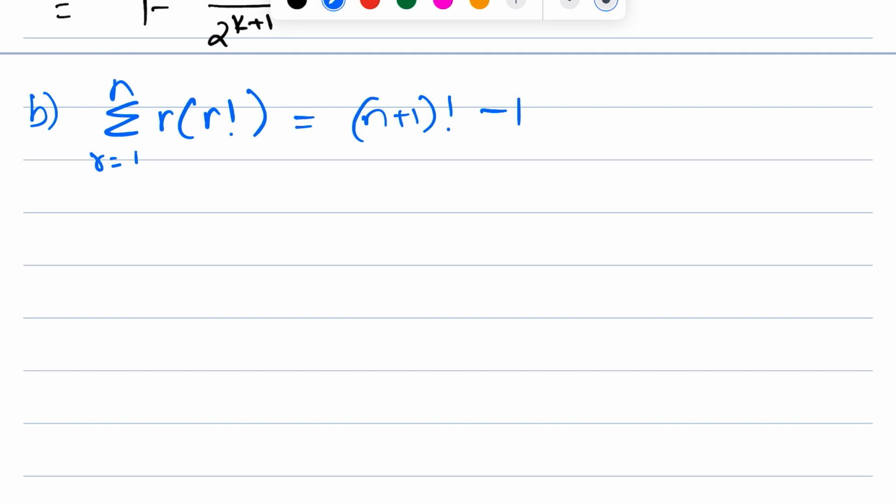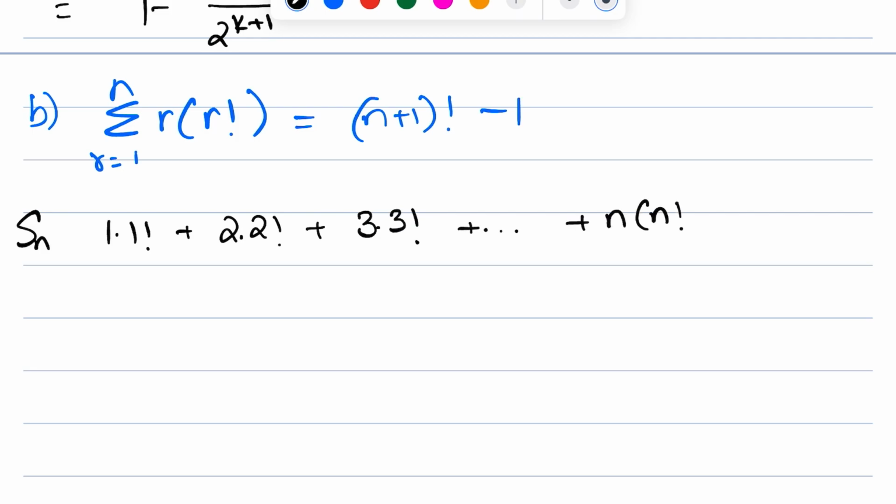Then what is this statement? Sn: 1 times 1 factorial, 2 times 2 factorial, 3 times 3 factorial, and so on, n times n factorial equals (n plus 1) factorial minus 1.